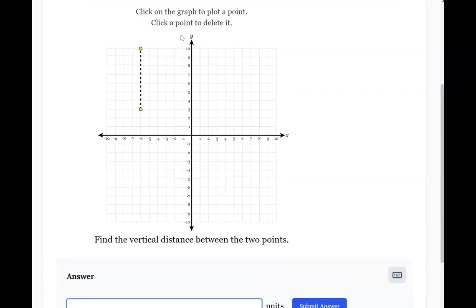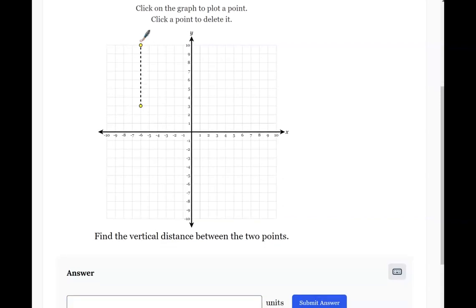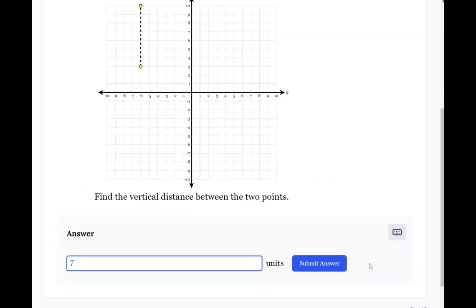Now it's going to ask me to find the vertical distance between the 2 points. So I simply have to count how many boxes there are between these 2 values. So 1, 2, 3, 4, 5, 6, 7. There are 7. And so we're going to type that here in the answer box. 7 units.